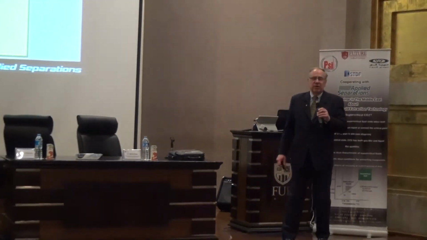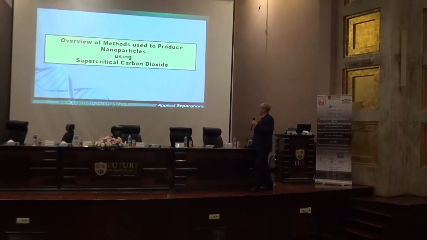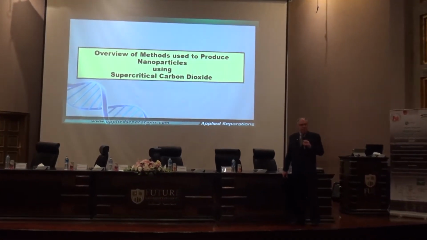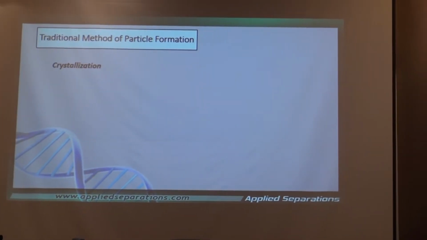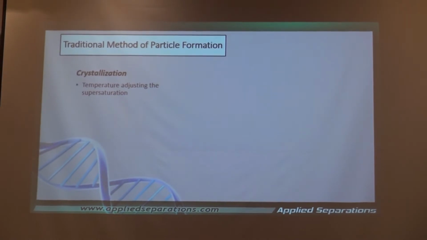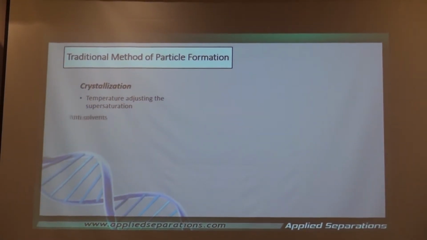Okay, what we said we would do in this list of things, let's talk about nanoparticles, production of nanoparticles. Making nanoparticles. Now the traditional way of making nanoparticles is we can do crystallization by adjusting the temperature and then adjusting supersaturation.